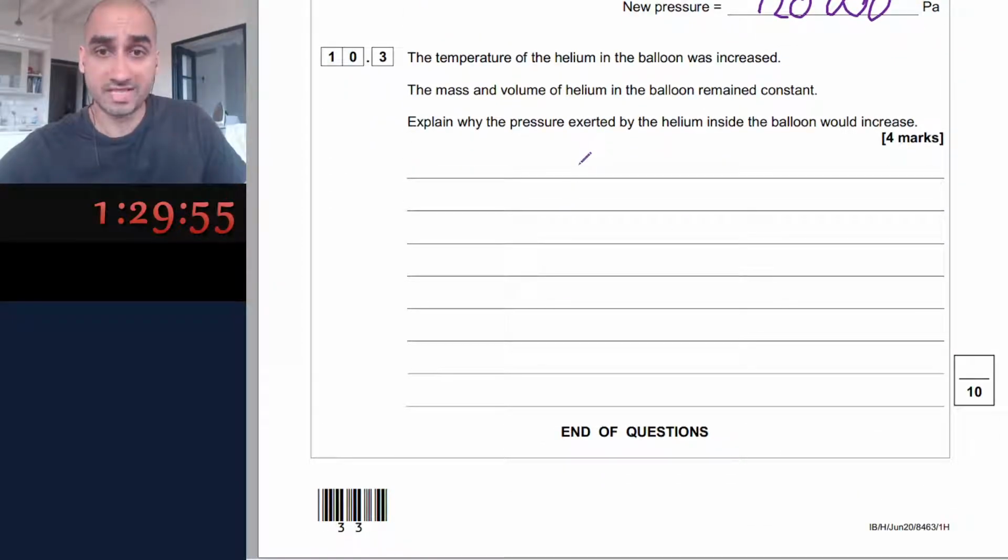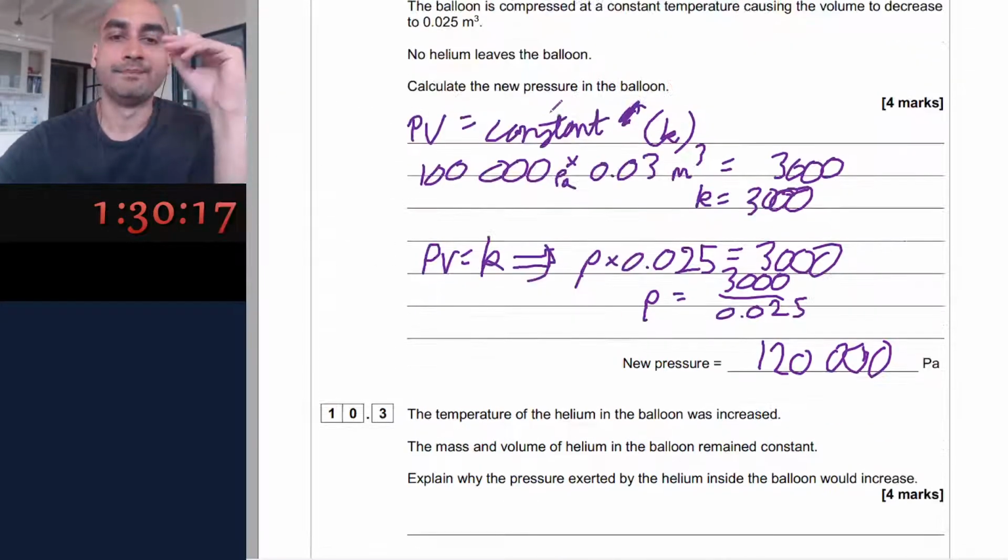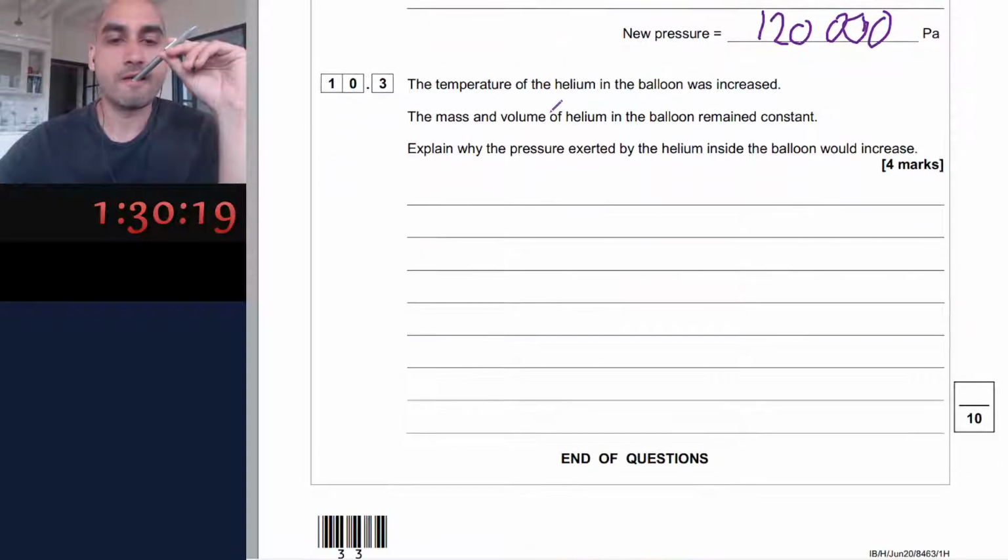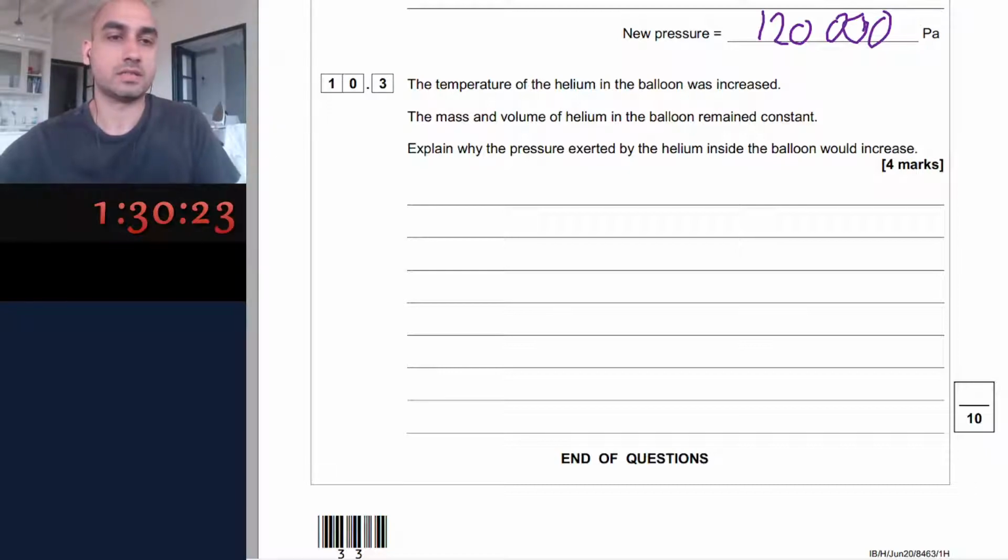The temperature of the helium in the balloon was increased. Hang on. Okay, well this is text, let's make a text box.